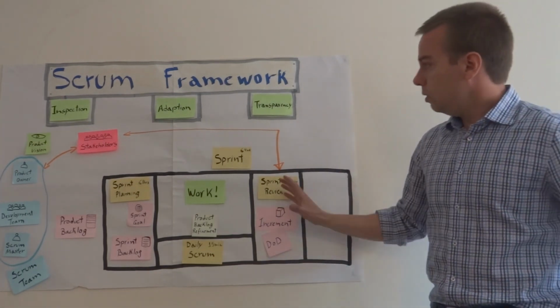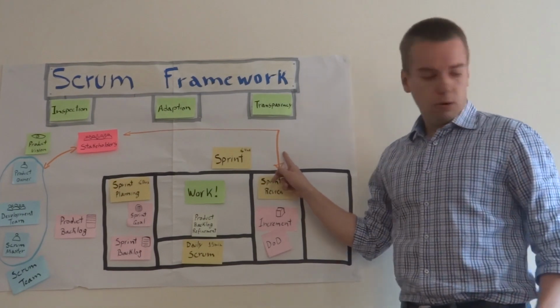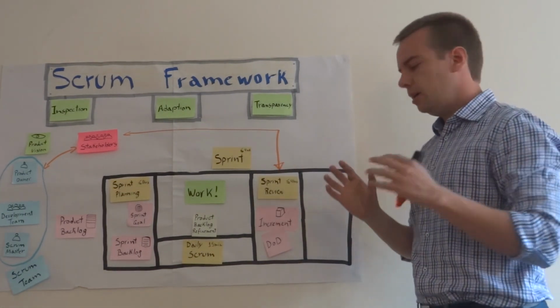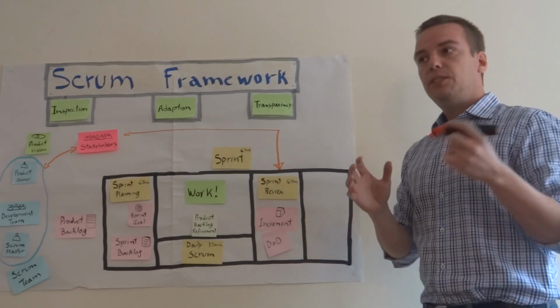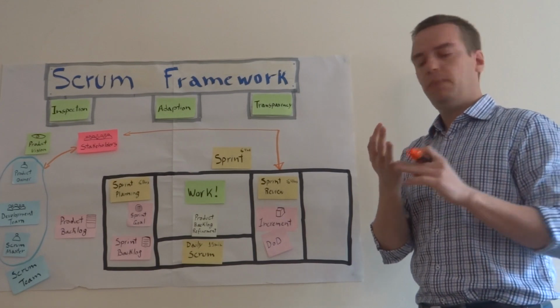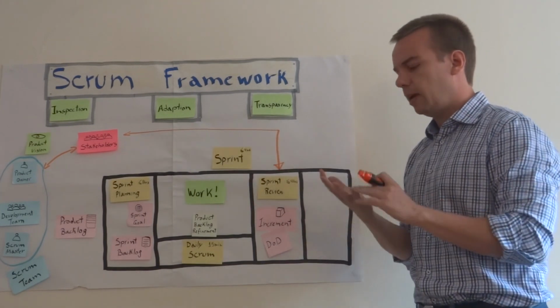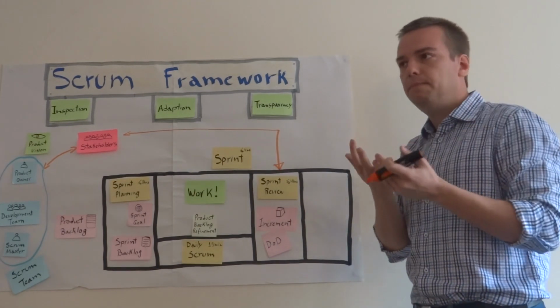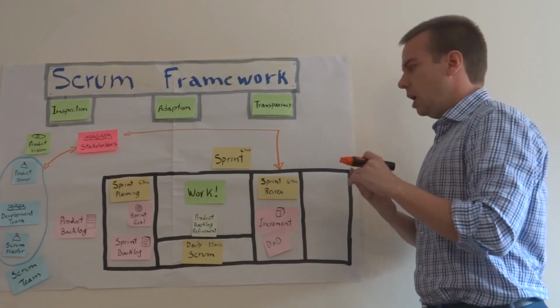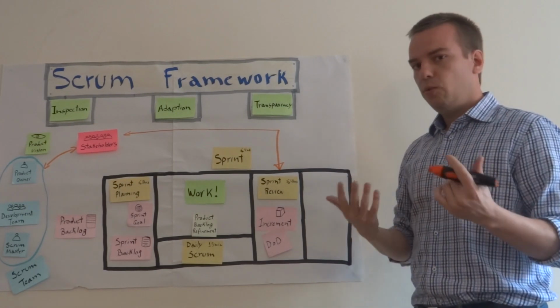So the Scrum team will collaborate with stakeholders, and be careful to not have this as just a demo. We're going to collaborate to get feedback from stakeholders, inspect the possible use of the software for our users, update the release plan, and so on.